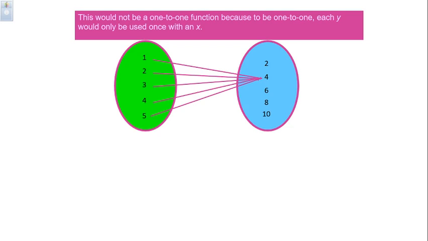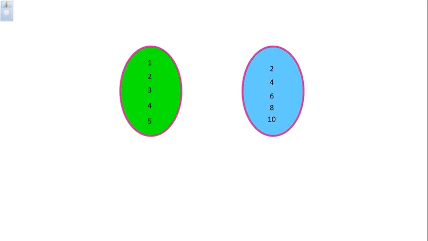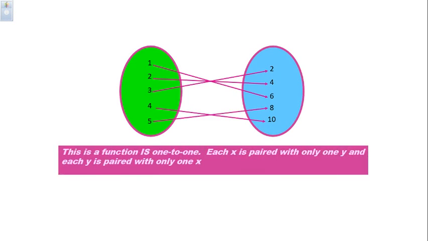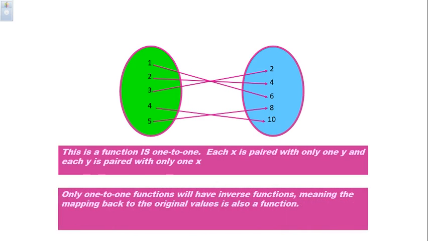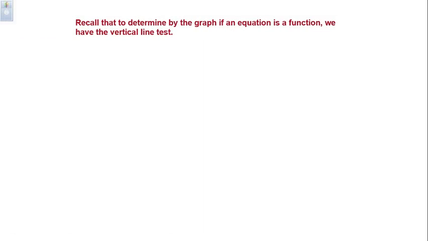When we say a function is invertible, we mean that its inverse is also a function. So when we find the inverse of the function, the inverse is also a function. Here's another example. 1 maps to 6, 2 maps to 4, 3 maps to 2, 4 maps to 10, and 5 maps to 8. That's a one-to-one function, so it is invertible. That is, its inverse is also a function.